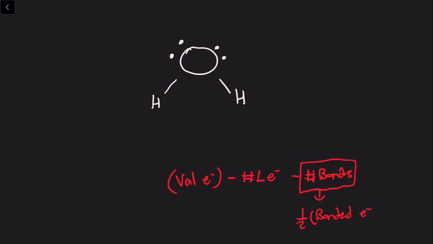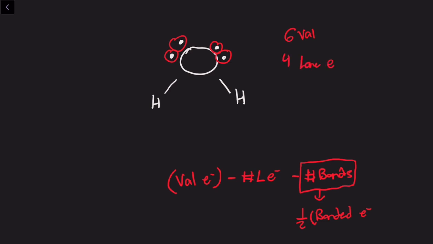So if we take this equation into account, if we look at the oxygen, the central atom of this molecule, oxygen has 6 valence electrons. And then we have 1, 2, 3, 4 lone electrons. Not lone pairs. We have 2 lone pairs, but remember, we're trying to find the lone electrons.